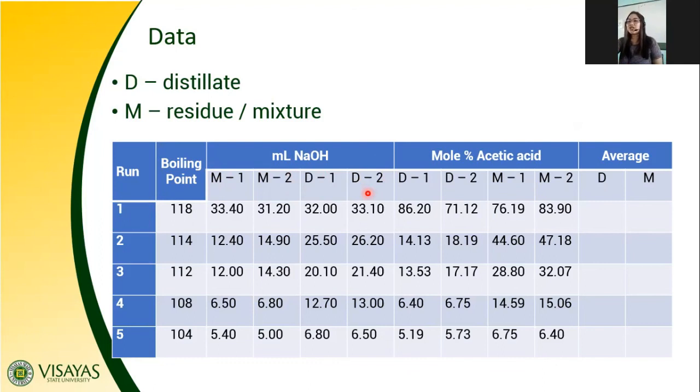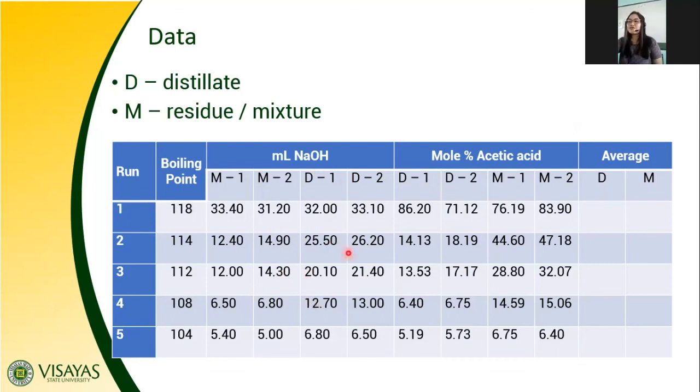After the distillation, the collected residue and distillate proceed to titration. That is why we have data here, mL of NaOH, and through this volume of NaOH we can determine the mole percent of acetic acid. I believe that you know how to get the concentration out of this data.